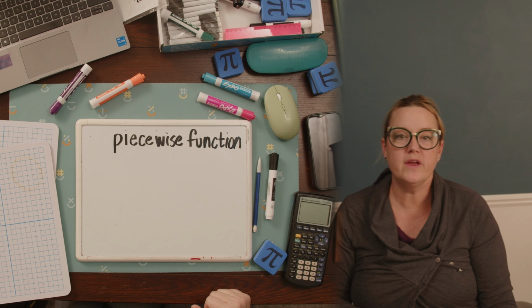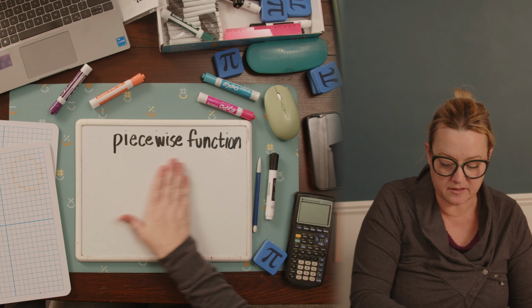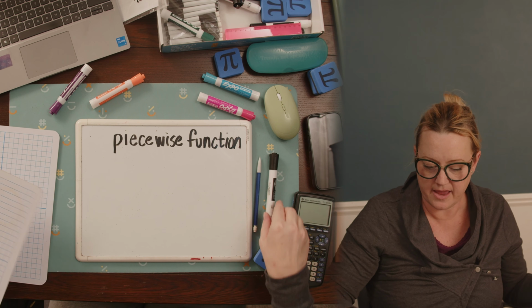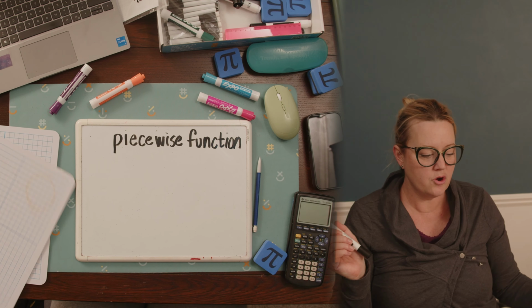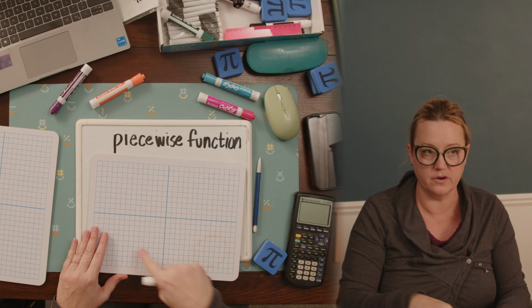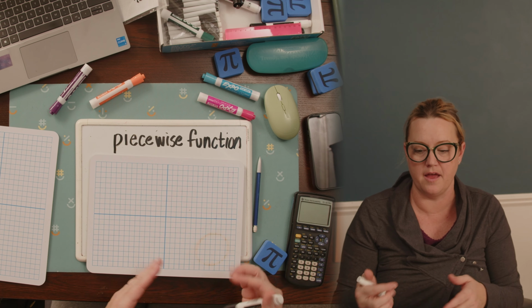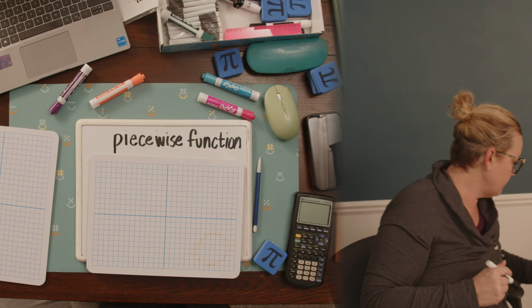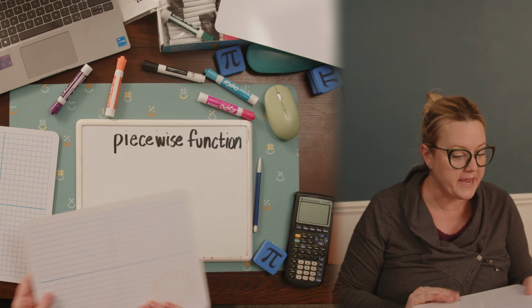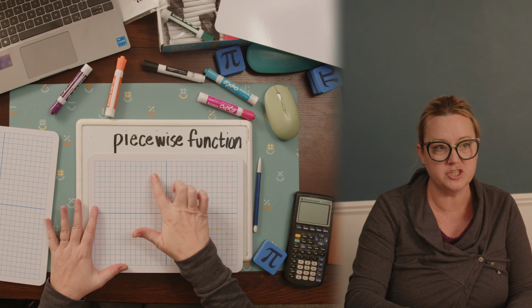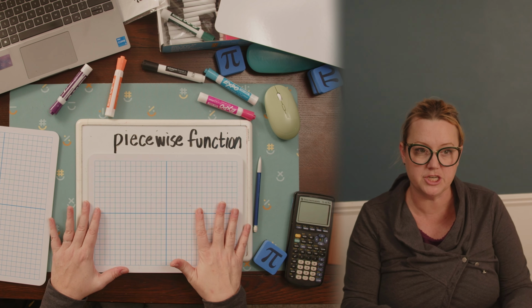So when we look at these functions, you're going to have your function split up into different areas or spots. A piecewise function is where you have a function that maybe changes in certain ranges.